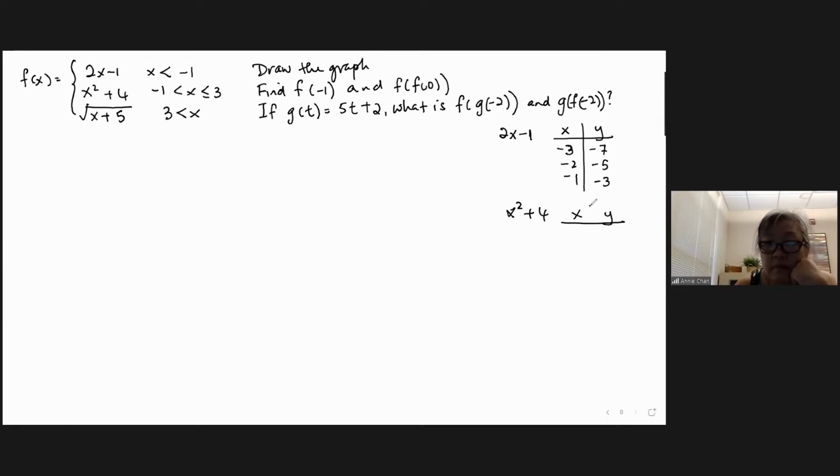Gentlemen, do the square root of x plus 1 and x plus 5. What are the points that you are going to have? Quick, quick.